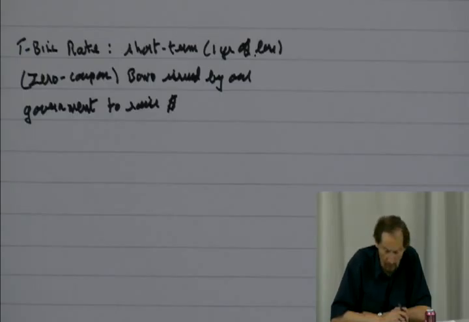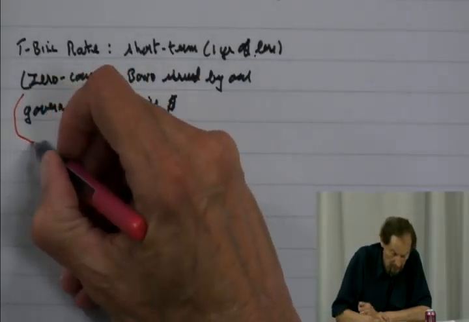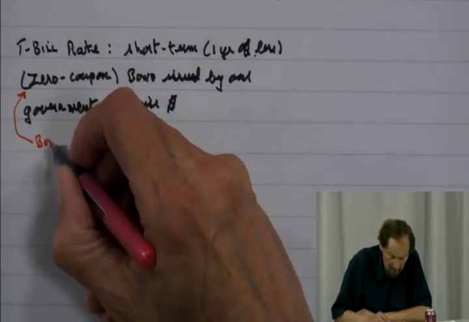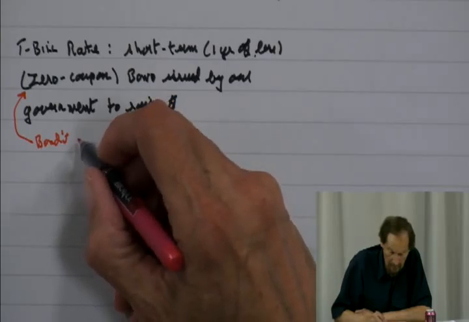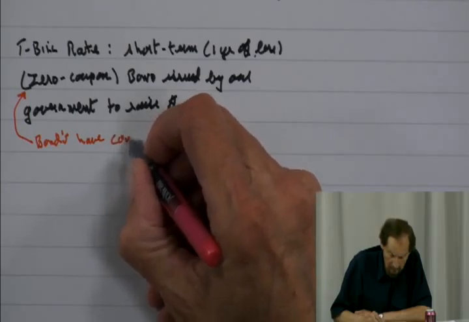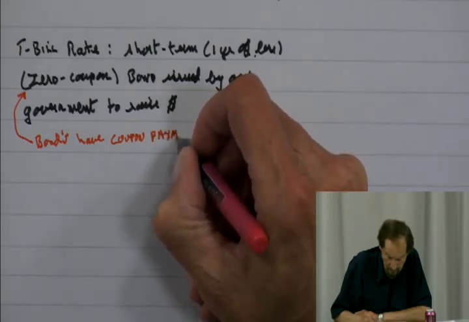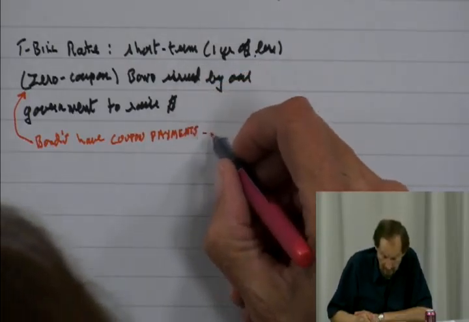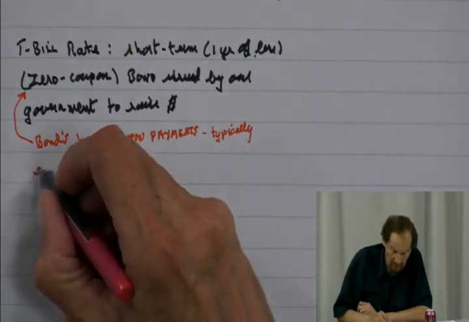When we say zero coupon, what do we mean? Bonds have coupon payments. Typically, every 6 months.